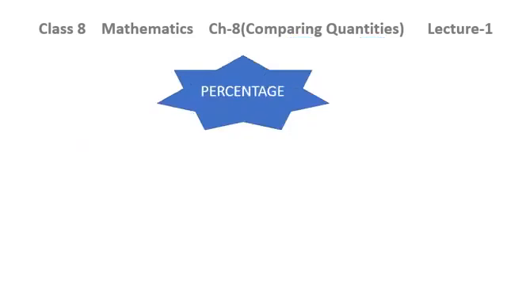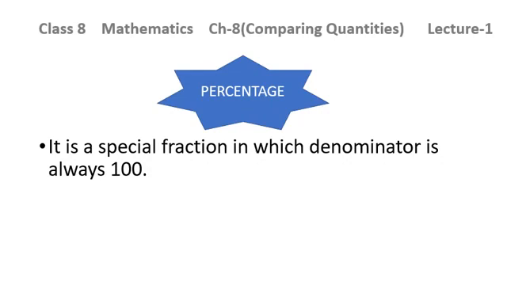Now coming to the main topic, that is percentage. What do you mean by a percentage? It is basically a special fraction in which denominator is always 100. For example, if I need to find the percentage of a number, what do I mean?